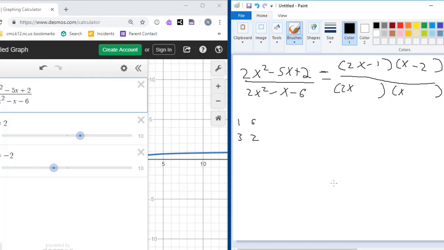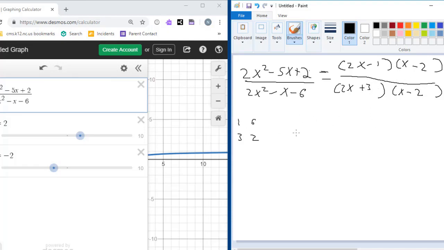We could have x minus 2 and 2x plus 3. 2x times x is 2x squared. 2x times negative 2 is negative 4x. 3 times x is 3x. Negative 4x plus 3x is negative x. 3 times negative 2 is negative 6.